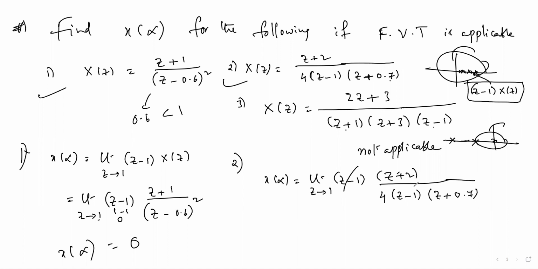The z minus 1 cancels. Then if we substitute z tending to 1, we get (1 plus 2) divided by 4 into (1 plus 0.7). You can simplify this, you get some value. That is x(infinity). The third one you don't calculate here, but after learning the partial fraction method, you can easily find x(infinity) for this also. Next.